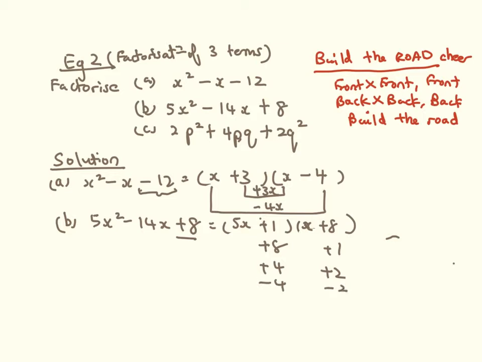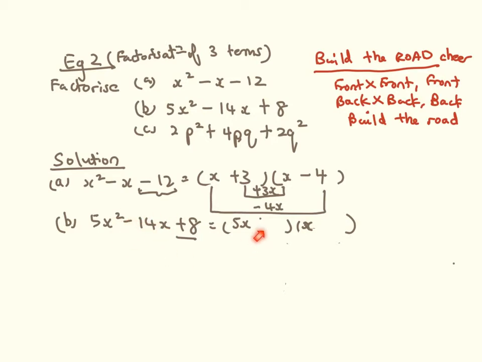Now first you have to decide, should you use a plus or a minus? You must take a look at the center term. If you have noticed, the center term here is a minus 14.